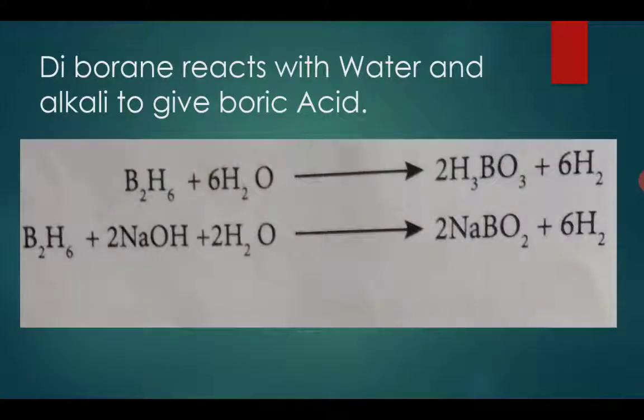The next reaction is diborane reacting with water and alkali. In the first case it gives boric acid, H3BO3, and in the second case it gives sodium metaborate, formula 2NaBO2.